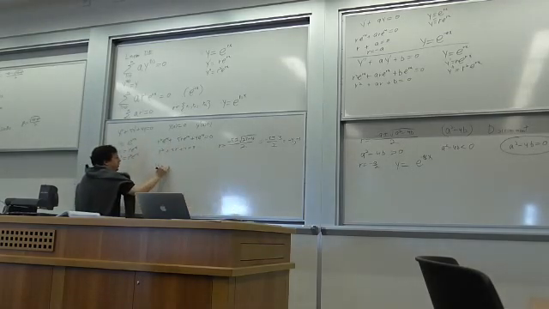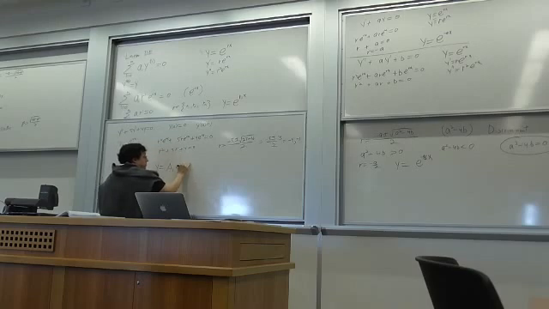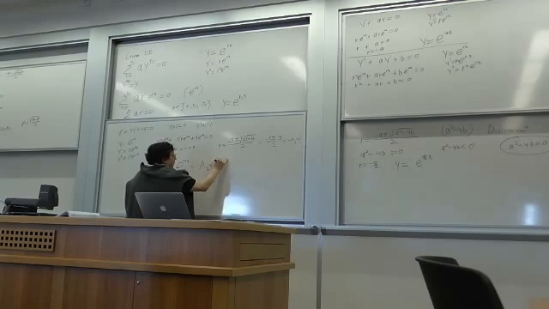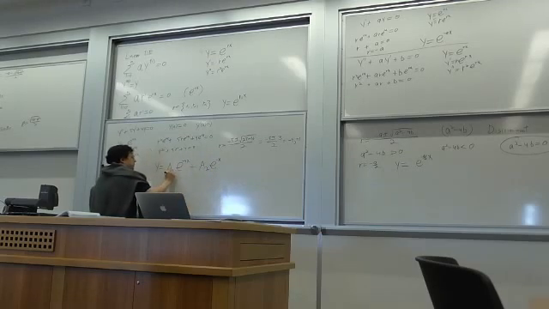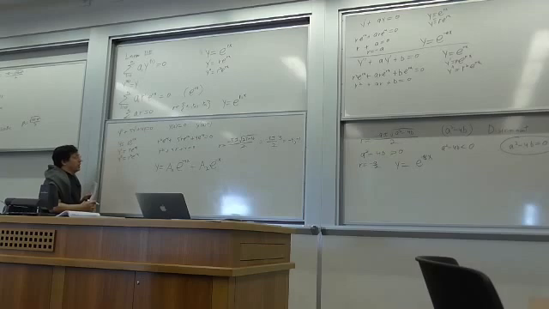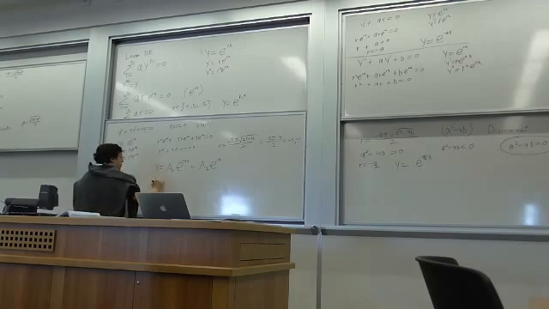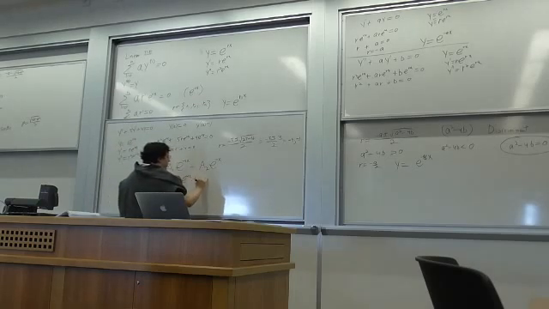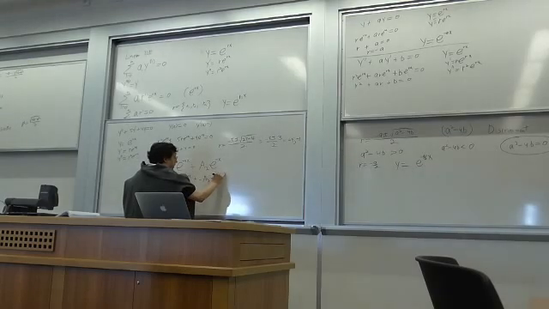So our general solution becomes a1 e to the negative 4x plus another constant a2 e to the minus x. And we're going to need the derivative here. y prime equals negative 4 a1 e to the minus 4x plus negative a2 e to the negative x.